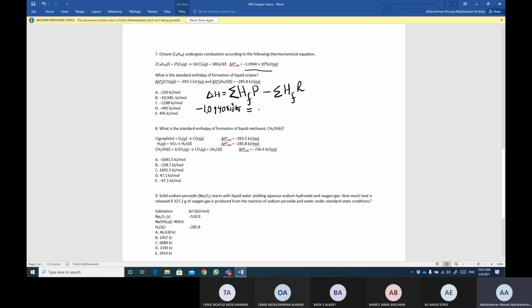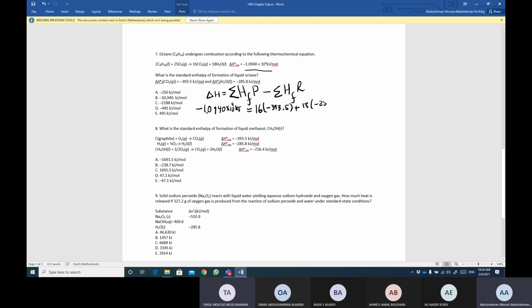It is equal to what now? 16 multiplied by minus 393.5, plus 18 multiplied by minus 285.8.